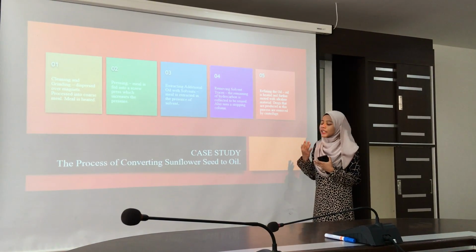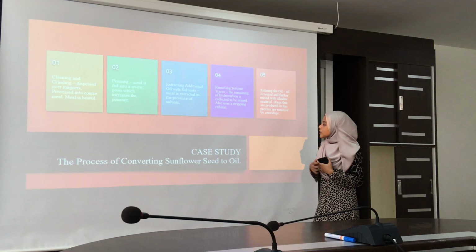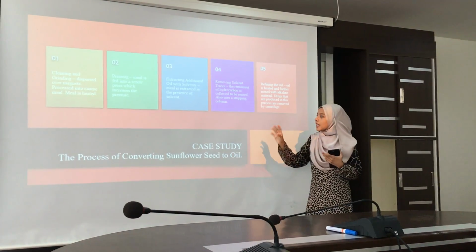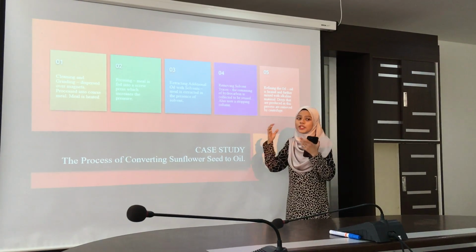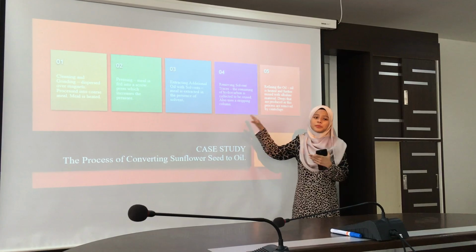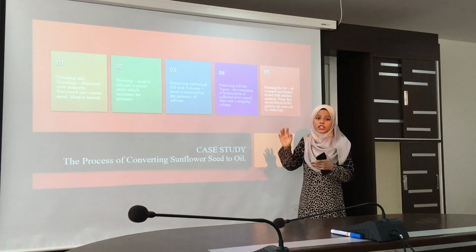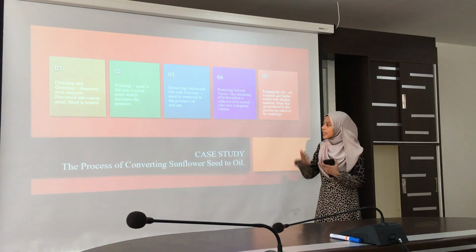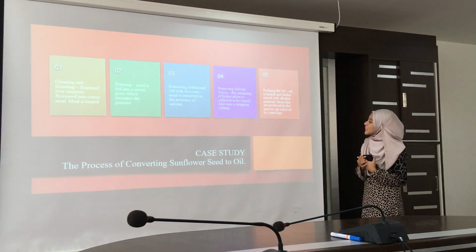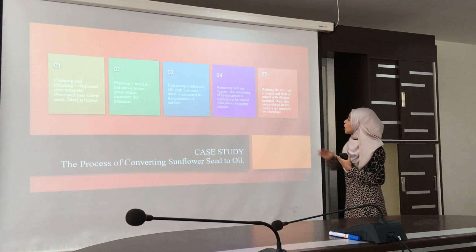The remaining 10% will be boiled using steam, and when it is being boiled, the volatile hydrocarbon, being the lighter component in the column, will float upward and be collected from the column. So the last step is refining the oil.